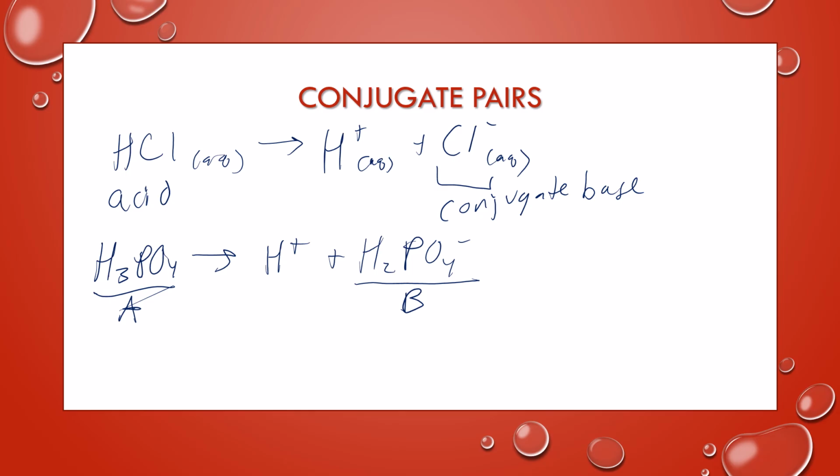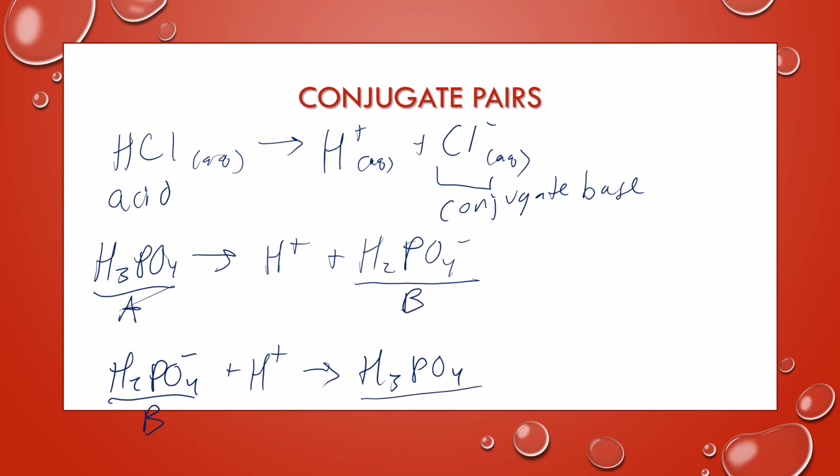Now, the reverse is also true. If I have H2PO4-, let me write this a little clearer, and it's attracting a hydrogen, binding to a hydrogen ion to form H3PO4, this is acting as our base because it gains a hydrogen and accepts a proton.